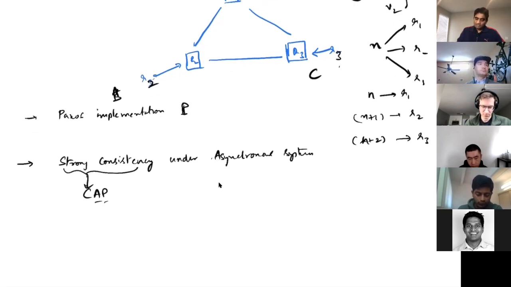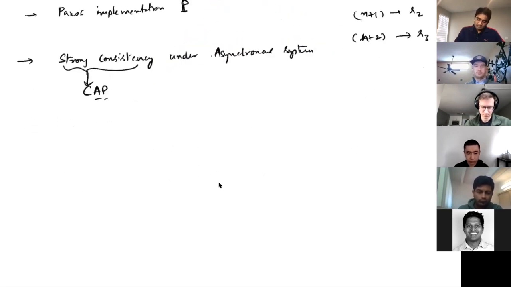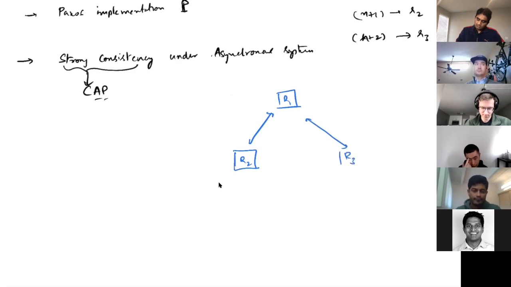So if you have the system R1, R2, R3, and there is a network partition here, and let's say that you're trying to get linearizable, strongly consistent state replication, right?